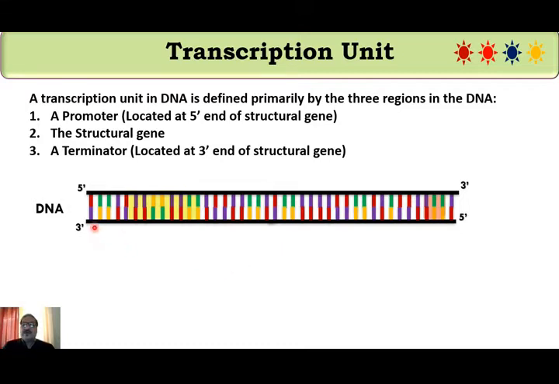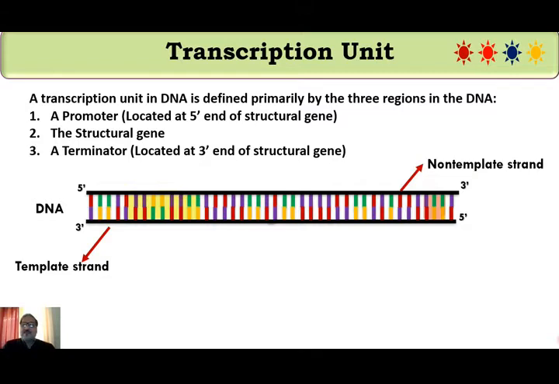Hence, the DNA strand that has the polarity 3' to 5' acts as a template and is also referred to as the template strand. So this strand on which the mRNA will be synthesized, we call as the template strand, and the opposite strand which is not taking part in transcription, we call it the non-template strand.